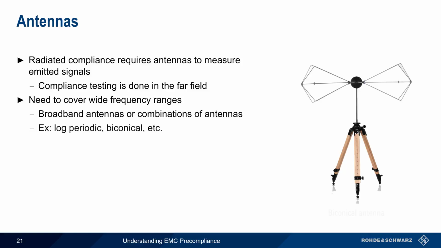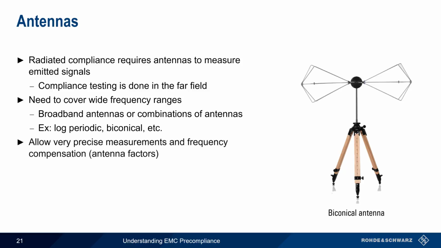Some common examples of these types of antennas are log periodic antennas or biconical antennas, such as the one shown on the right. Well-designed and properly configured antennas allow for very precise measurements as well as frequency compensation using so-called antenna factors.